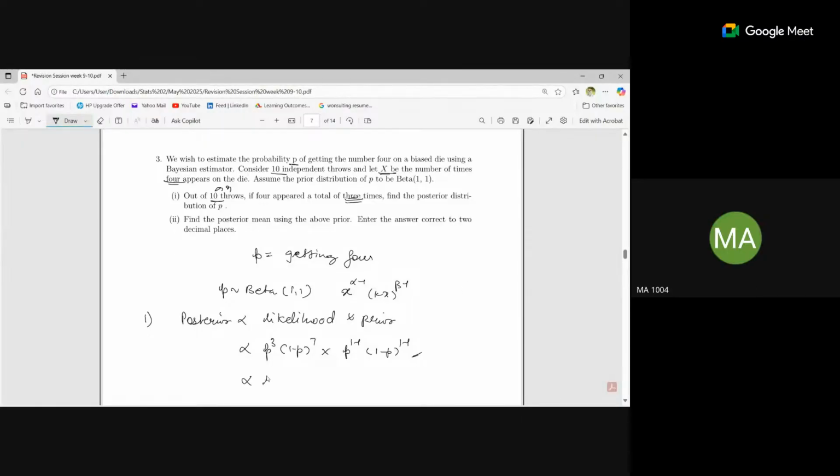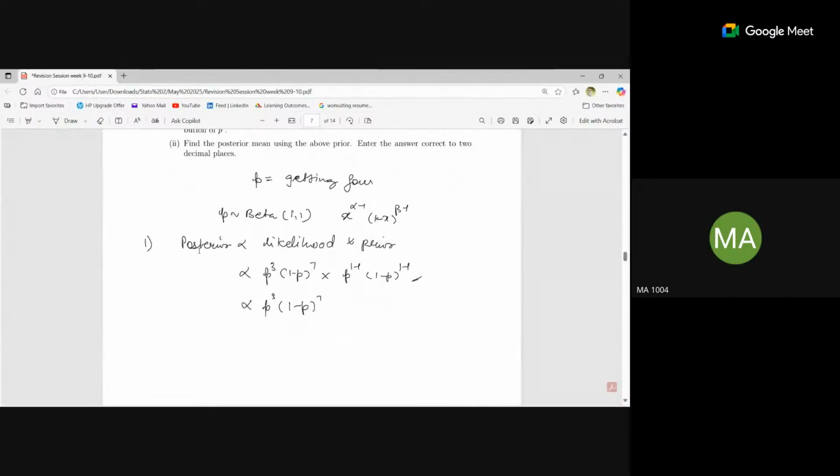Now, this will be equal to what? P raised to the power 3 into 1 minus P raised to the power 7, because the exponents will be 0, and something raised to the power 0 is 1. Is this step clear? Yes, ma'am.